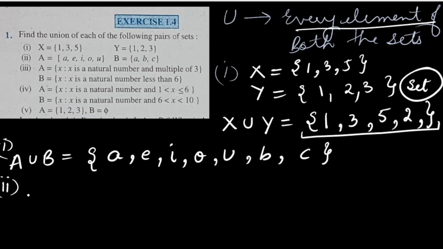Now let's do the third part. Again A and B, two sets are there, and we have to find A union B. It's always better to first write all the elements of set A. It is given to us in set builder form: A is equal to x such that x is a natural number and a multiple of 3.